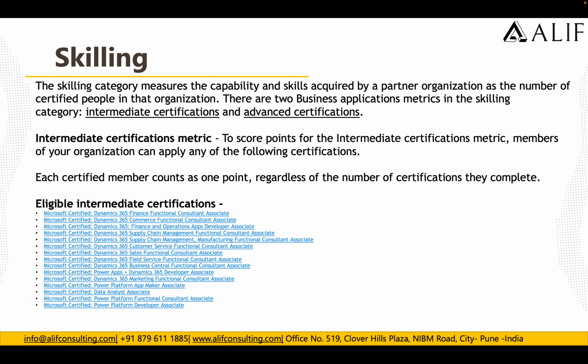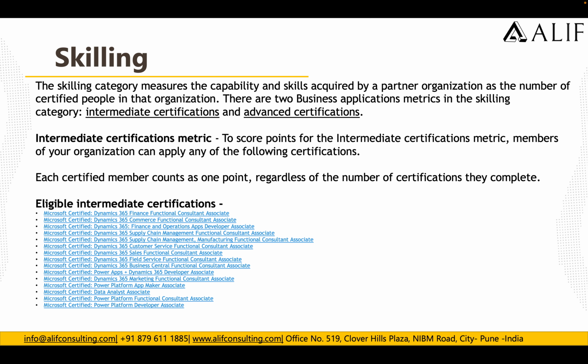The intermediate certificates metric helps you to get the points. It basically means a member of your organization can apply for the following certificates as shown in this slide. Each certified member counts as 1 point regardless of the number of certificates they have completed.